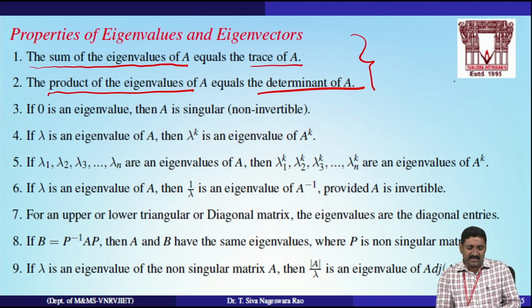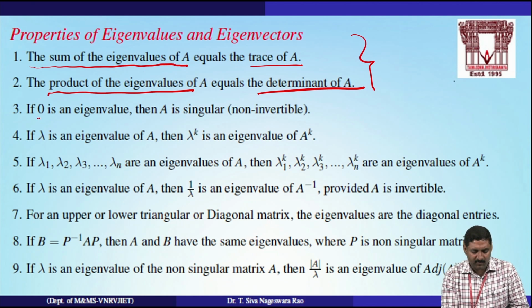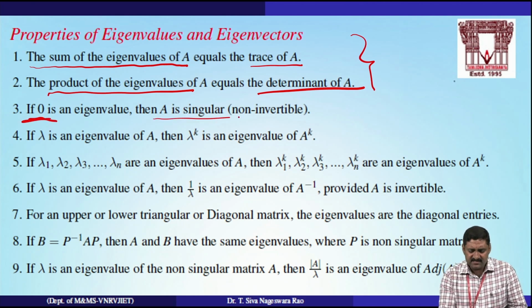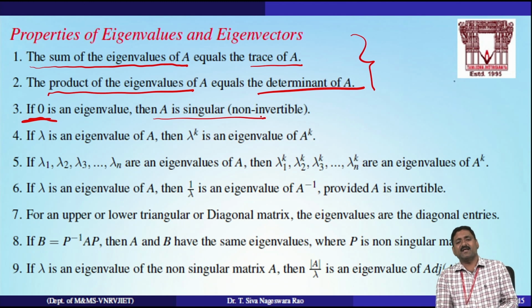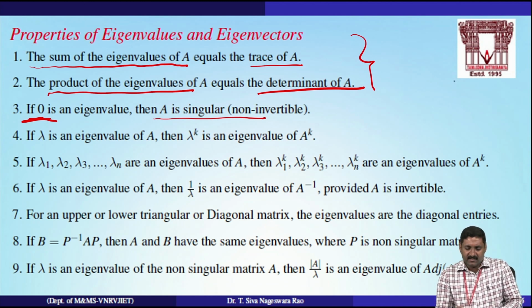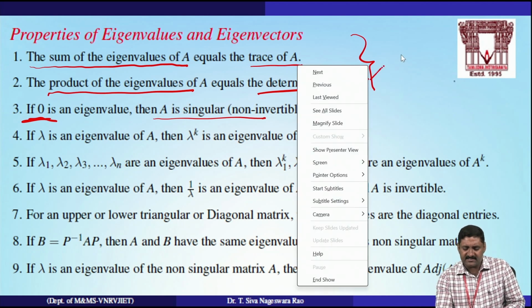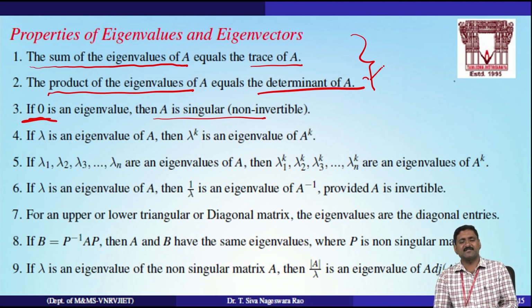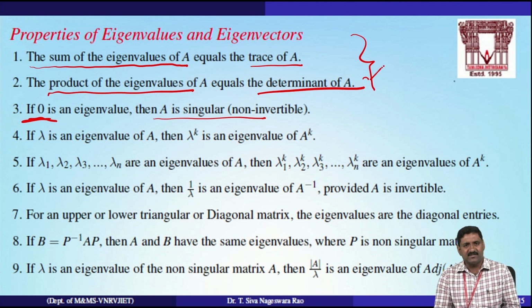And next, third property: if one of the eigenvalues is 0, then A is a singular matrix, a non-invertible matrix. Why? Because the determinant of the matrix is the product of the eigenvalues. If any one of the eigenvalues is 0, obviously the product of the eigenvalues is equal to 0.